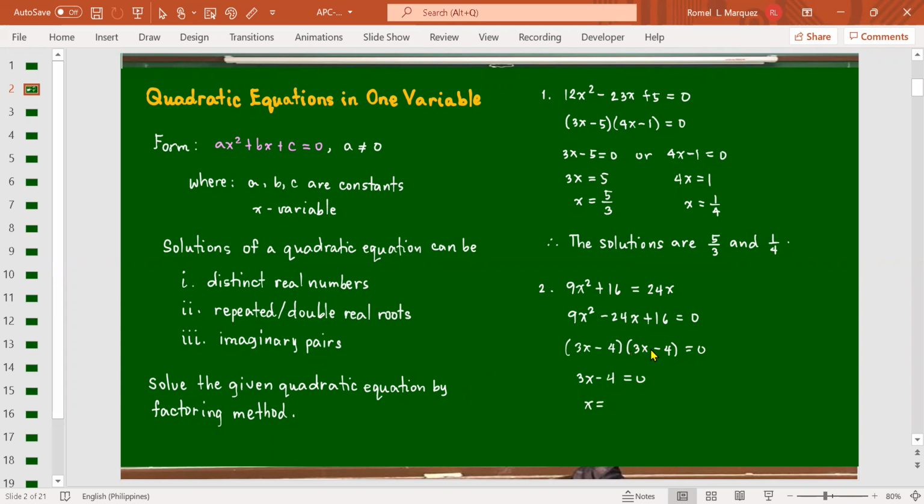Since its factor is just the same as the other factor, we have the root 4/3, which is called a repeated root. Okay? So x is equal to 4/3. So therefore the solution is x equals 4 over 3.